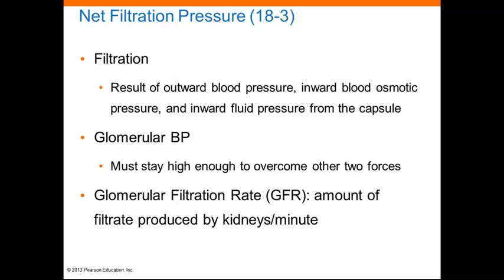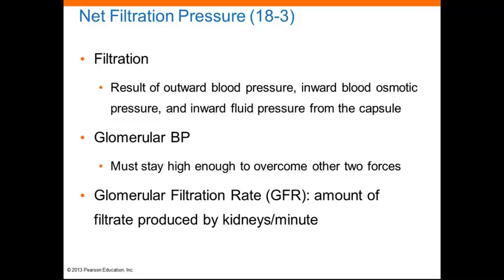So blood pressure at the glomerulus tends to force water and solutes out of the bloodstream and into the capsular space. For filtration to occur, this outward force must exceed the osmotic pressure of the blood. The net force promoting filtration is called filtration pressure.